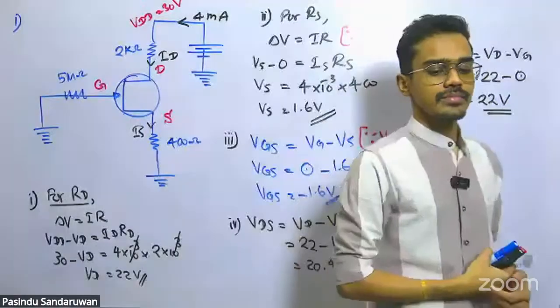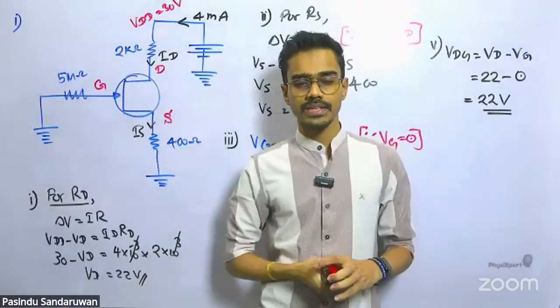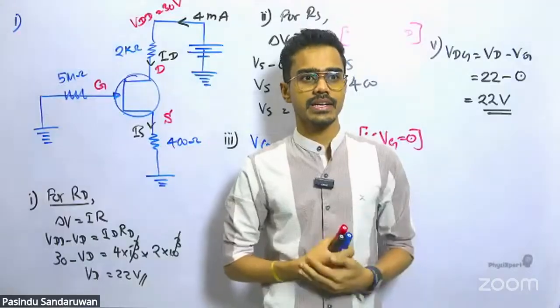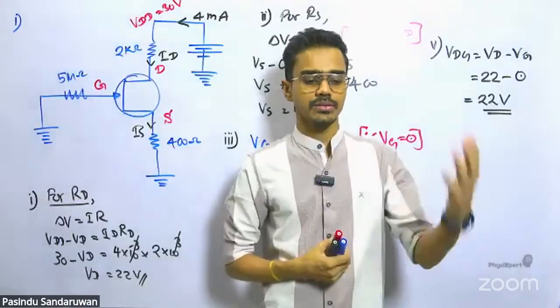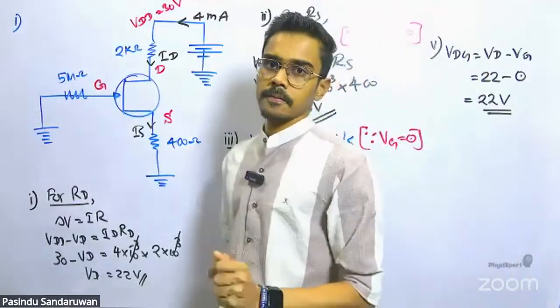So likewise, there's nothing unique or specific about this. Simply what we do is apply delta V equals IR and find everything out.